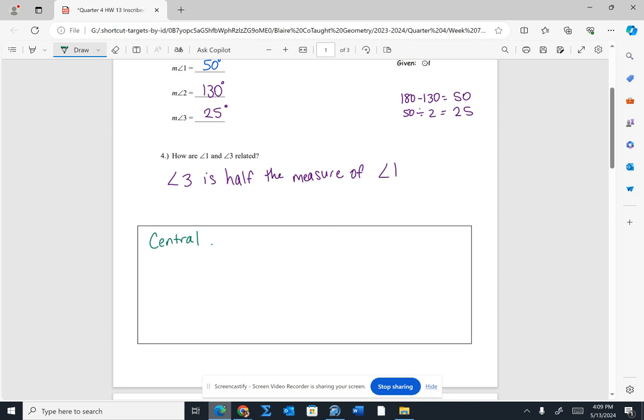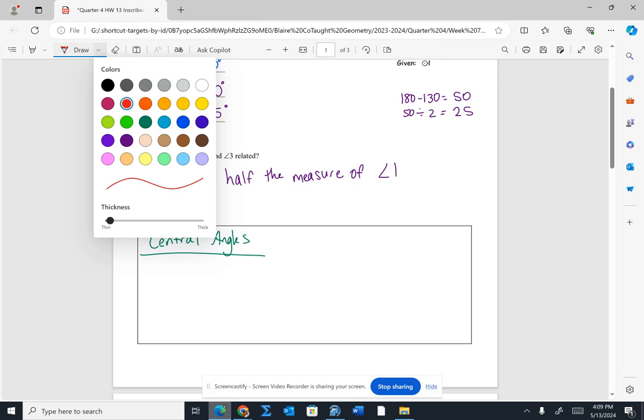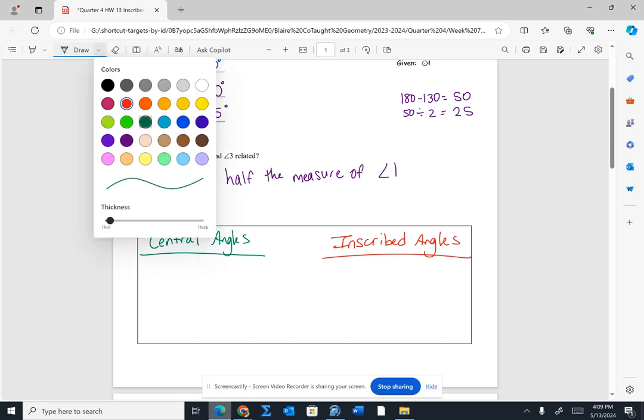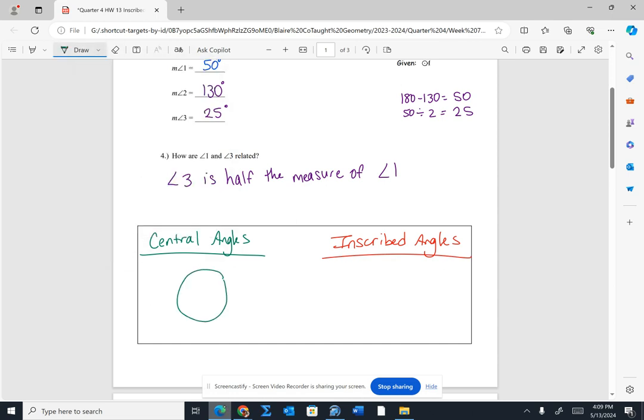We have central angles and we have inscribed angles. For a central angle, its vertex is at the center of the circle. And if the arc is, let's say, 80 degrees, then the central angle is 80 degrees as well.